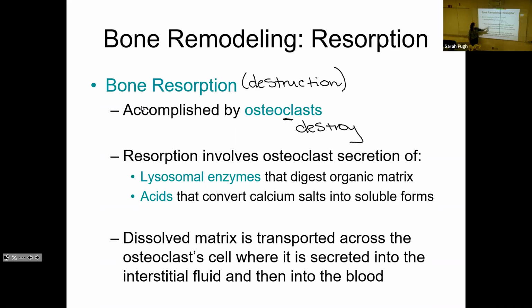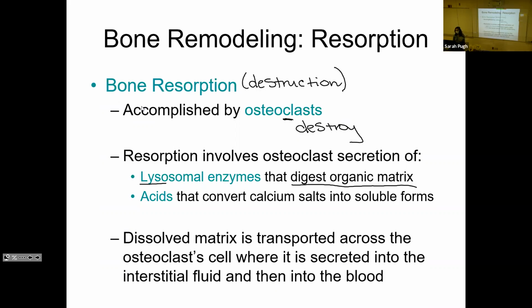And when osteoclasts destroy your bone, how they do that is these cells will release lysosomal enzymes. Now that term lyse means to break apart. So these are enzymes that digest or break apart the organic matrix of the bone. Okay, so that would be like the extracellular matrix, the organic matrix. It gives the bone a structure, but doesn't make it super hard.